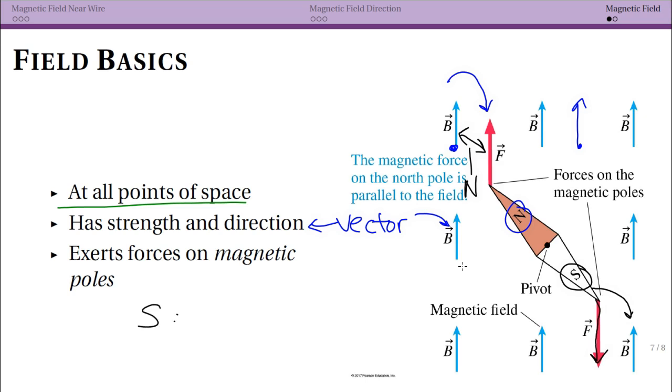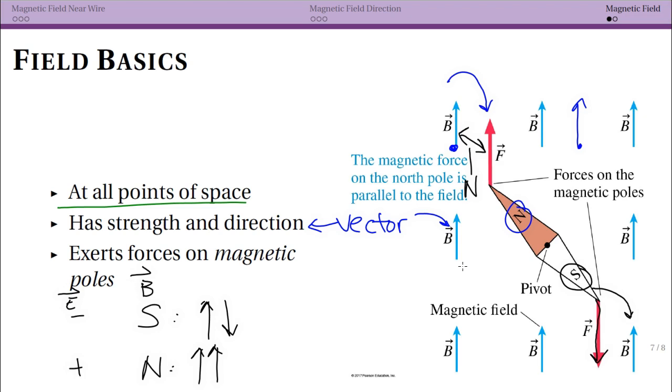So south gives opposite, north gives parallel. And that was really similar with charges in that we had negative charges that gave us opposite for electric fields, and for the positive charges it was parallel. So we do have the same scenario here.